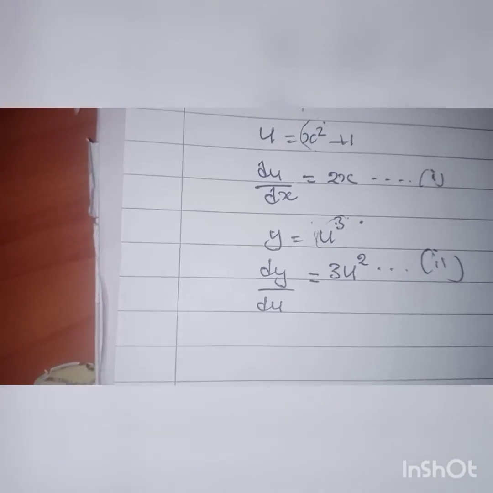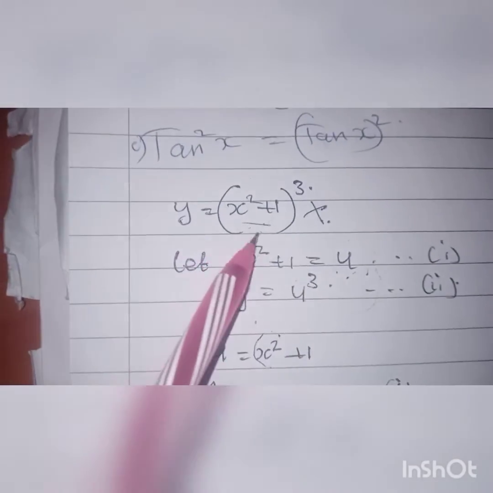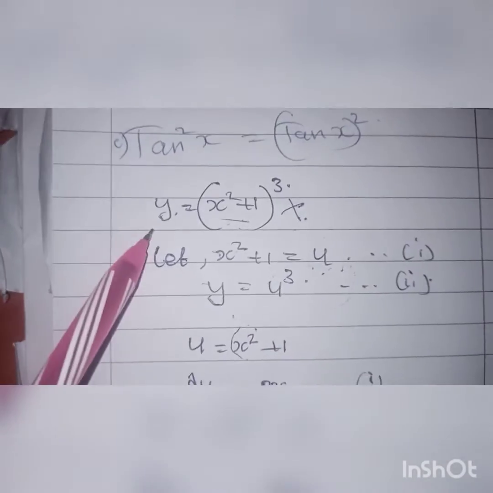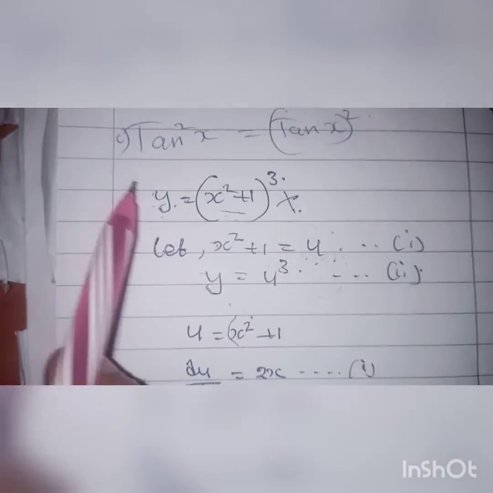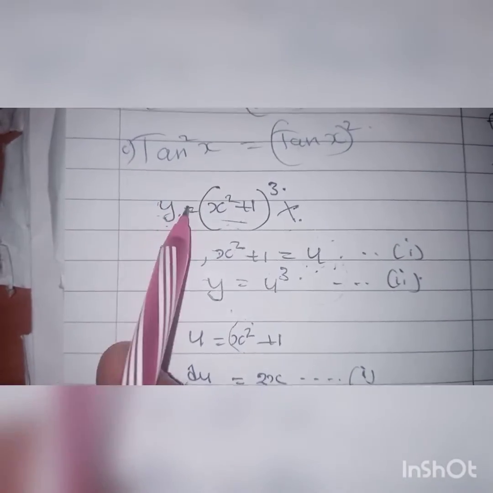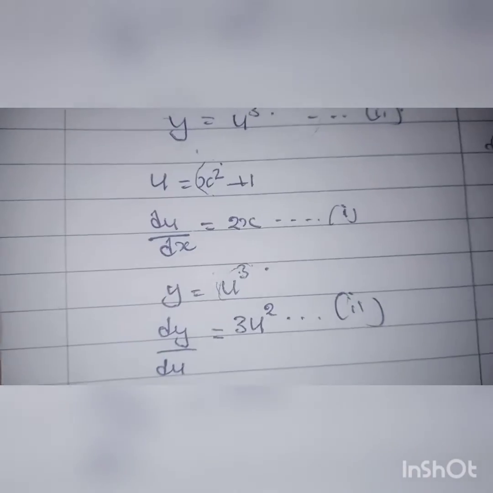Now, let's see how we get the derivative of that function. Remember, the derivative of that function was to be dy over dx. We were to differentiate this function in terms of x, so we need dy dx. Why do we need dy dx? The question was not asking about du.